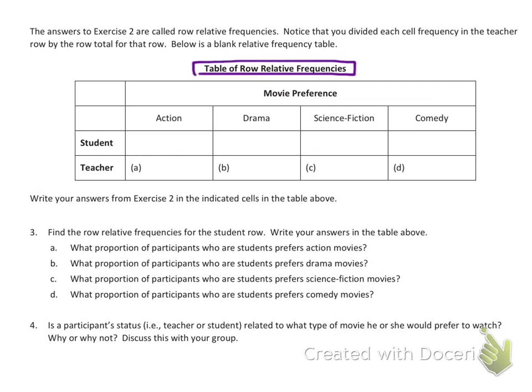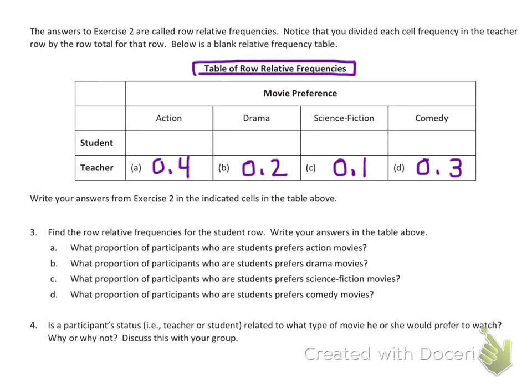We had 0.4, 0.2, 0.1, and 0.3 for comedies. Okay, so that was for the teachers.